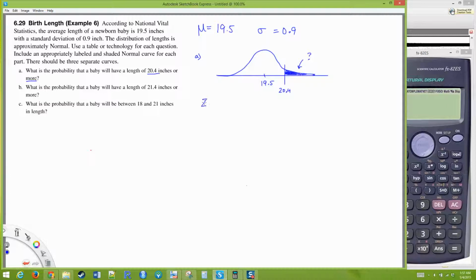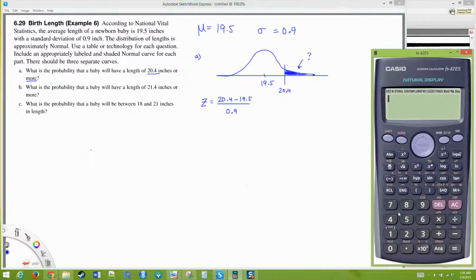So our first step with all of these normal problems is to find the z-score. And so our z-score is going to take the value that we have, 20.4 minus 19.5 divided by 0.9, okay?